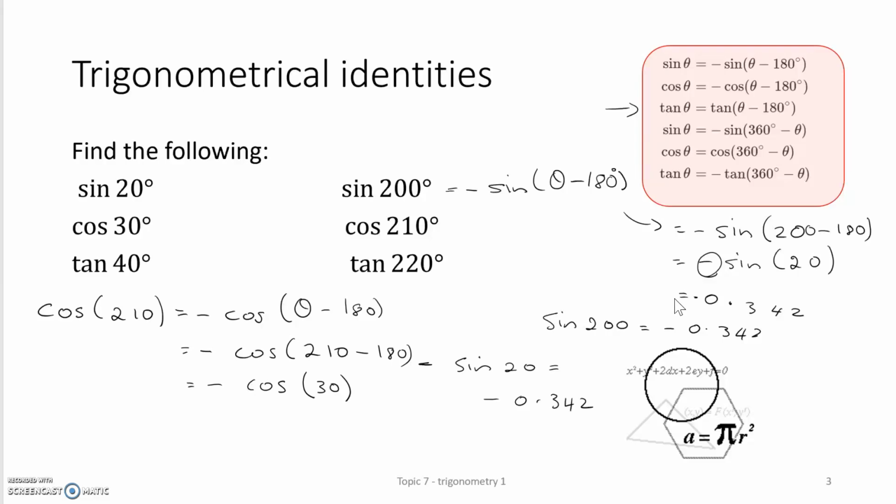Let's look that up. So that's going to be negative like that. So it's just a set of rules that may help us when we're working with numbers. We could use our calculators, but sometimes it's a good idea that we don't have to always use our calculators to find the answer.